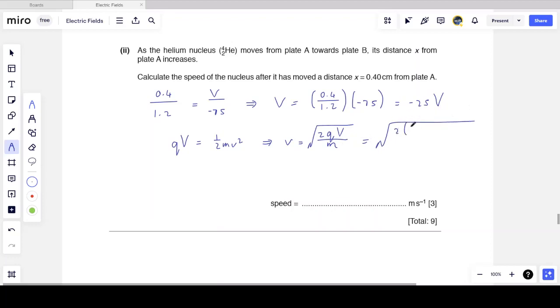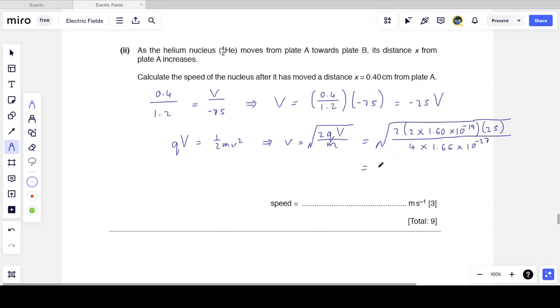The charge is the charge of this helium nucleus, 2 protons, which is 2 times 1.6 times 10 to the minus 19, multiplied by the potential difference, 25 volts. Then I divide this by the mass. Now be careful, the mass is 4 nucleons times 1.66 times 10 to the minus 27 kg.